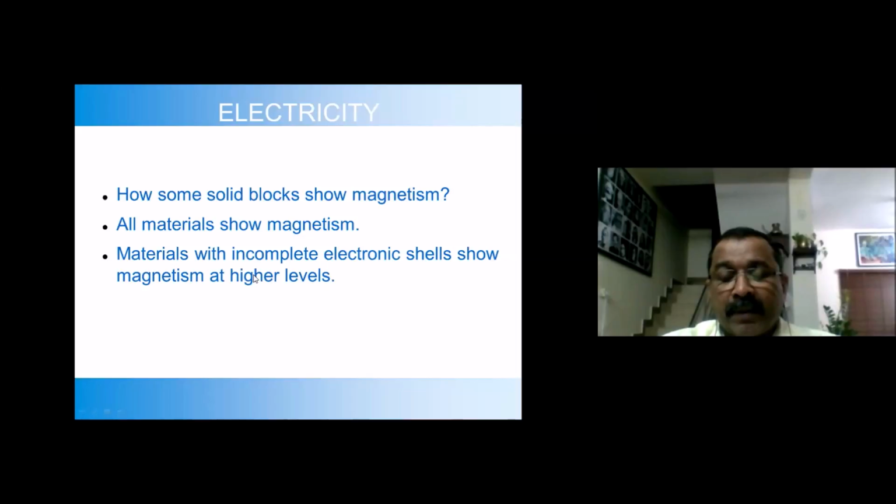Around the nucleus, electrons are filled in a specific law, so that at some particular electronic shells, there will not be enough electrons. And materials with such incomplete electronic shells will show magnetism.